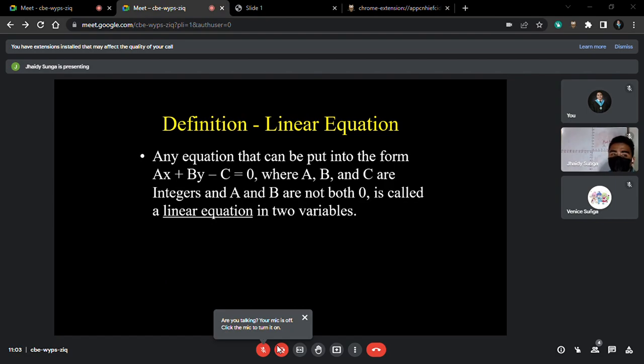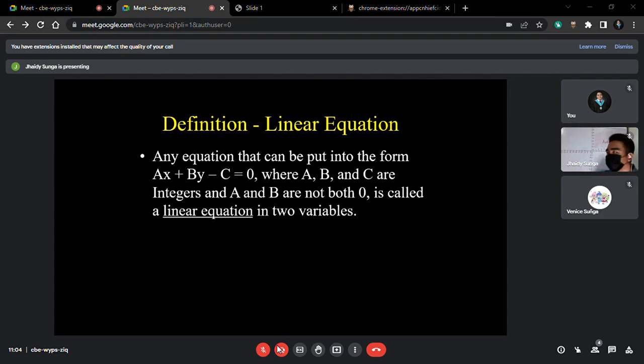This equation is called a linear equation. If you solve this kind of equation, ax plus by plus c is equal to 0, that is called a linear equation. You are going to ask me, Sir Jai, why is it called a linear equation? From the equation itself, it is the equation of the line.